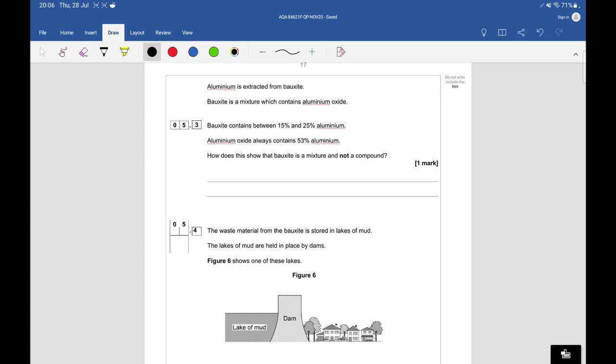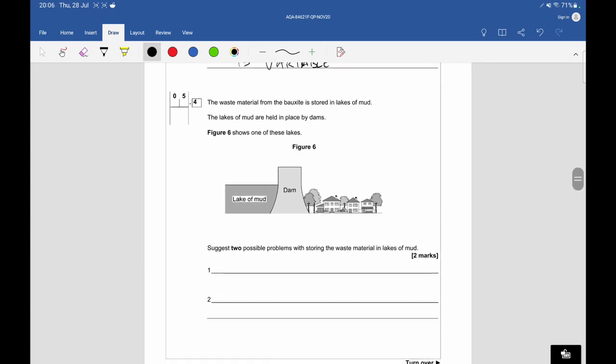Because the amount of aluminium in bauxite is variable, it varies, we know it's then not going to be a compound because it has to be the same amount every single time in a compound.